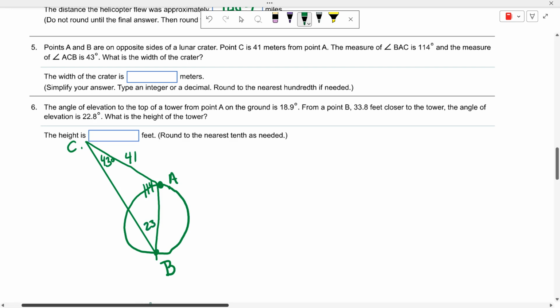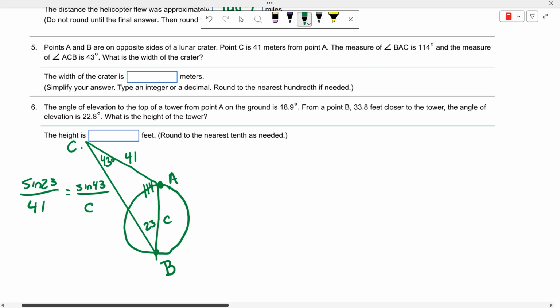That works. So the sine of 23 over its opposite side, 41, equals the sine of 43 over its opposite side. Let's just call it C, because the side opposite of angle C would be side C. And we're looking for the distance across the lunar crater.